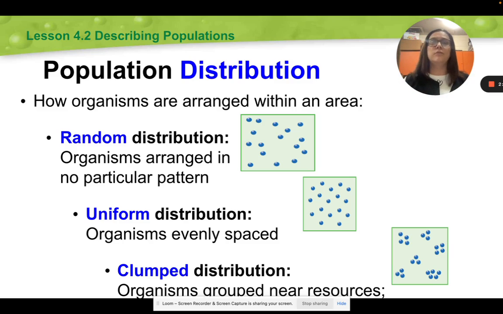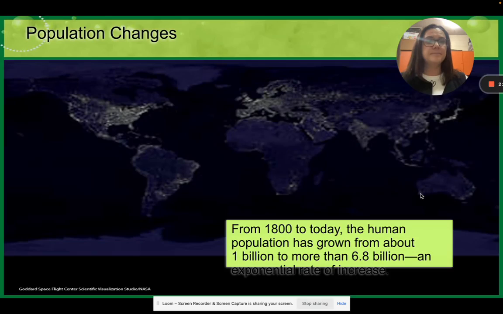That's going to create uniform distribution. Most commonly, we see clumped distribution, where organisms are grouped around resources. I think of human population throughout time. We typically find, well, in any population, groups around water sources because we need water. We clump around those resources. And those different population distributions are going to affect how those living things interact in those areas.